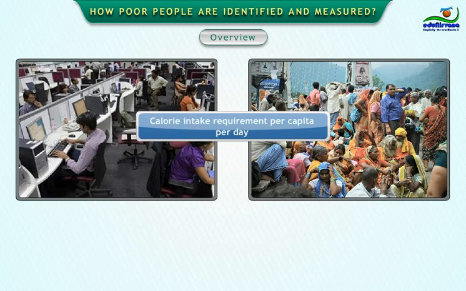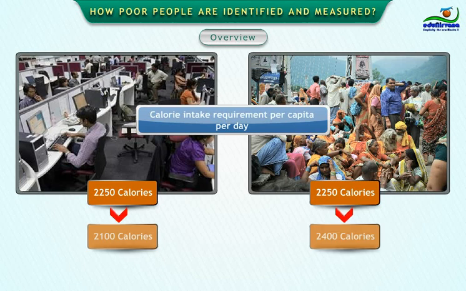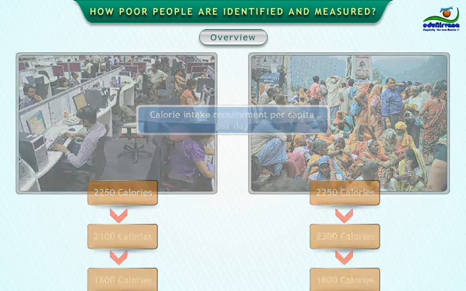Rural and urban calorie intake requirement per capita per day has moved from 2,250 for rural and urban to 2,400 for rural and 2,100 for urban, and then finally has been reduced to 1,800 for rural and urban.